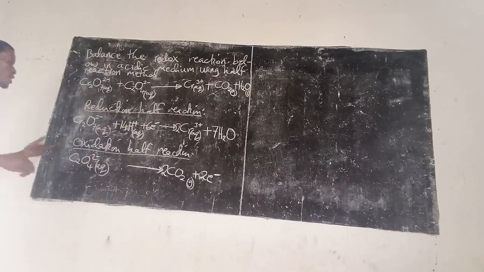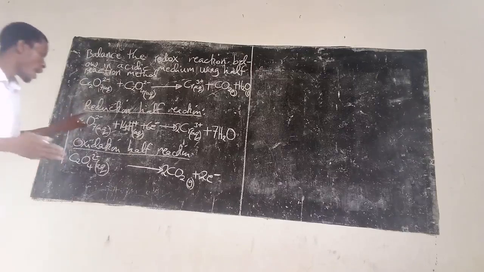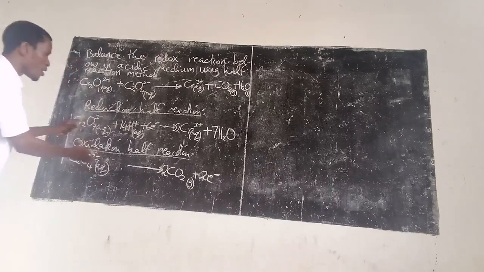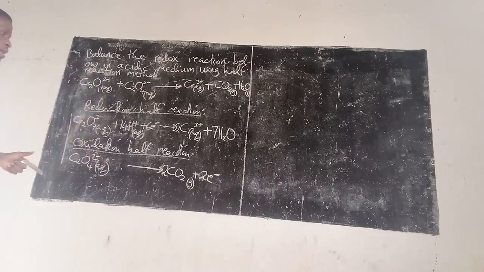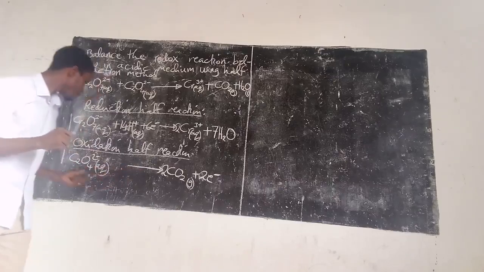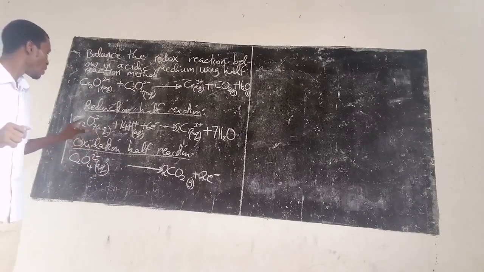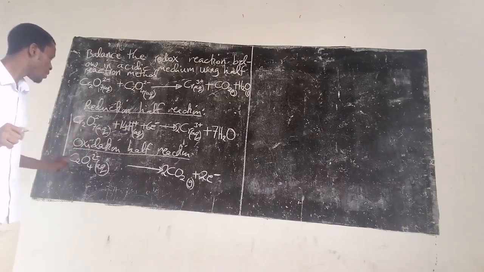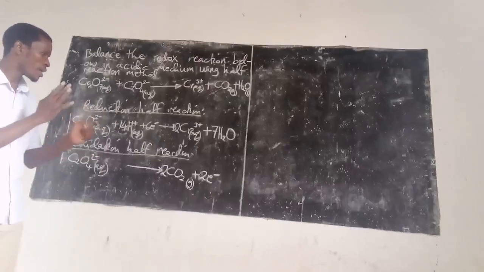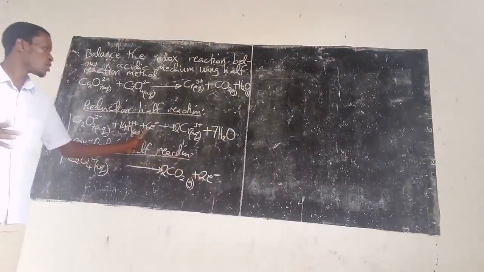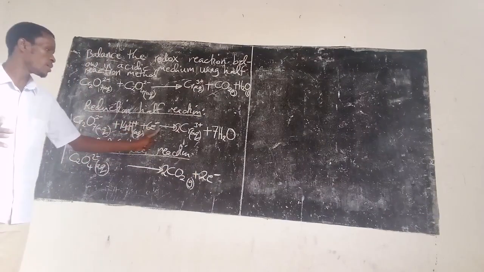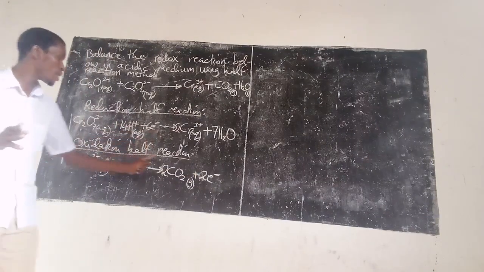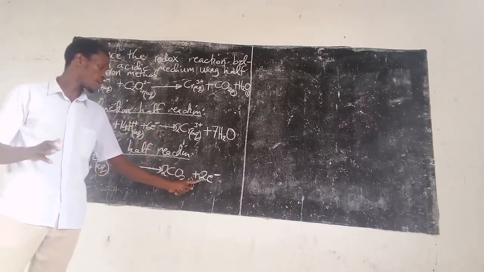Then we have to obtain the overall reaction. Add together the half reactions to get the overall reaction. But in order for the 2 half reactions to be added together, the number of electrons in the reduction half reaction should be equal to the number of electrons in the oxidation half reaction.